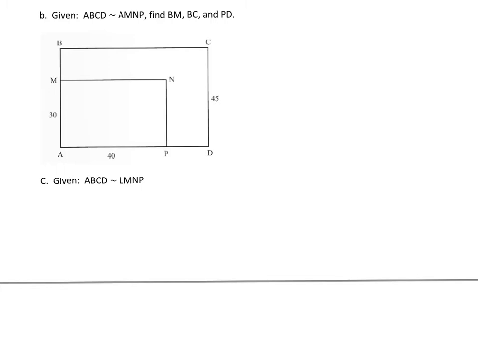Well, I know that AP is 40, and I know that MA is 30, and I also know that CD equals 45. Okay, so that's going to be key.